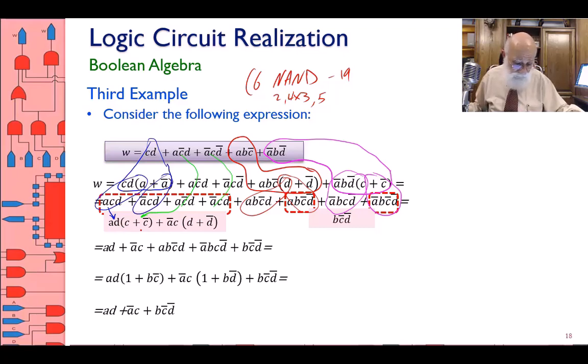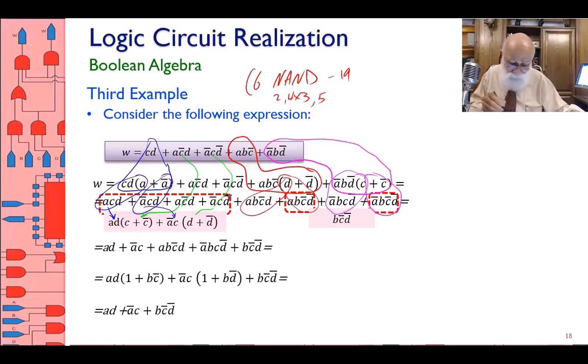And then take the A bar C, which is again another blue, and then with the green, A bar C D, D bar. The D bar on top of that is kind of hidden inside this.